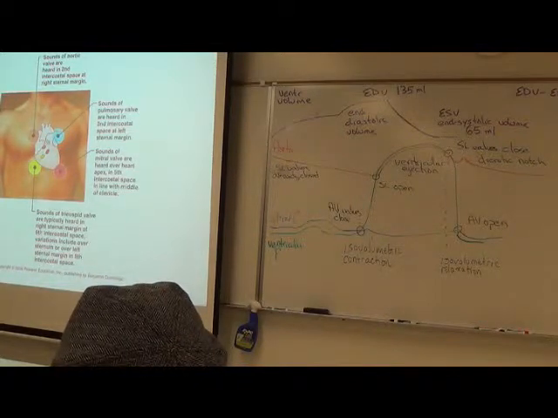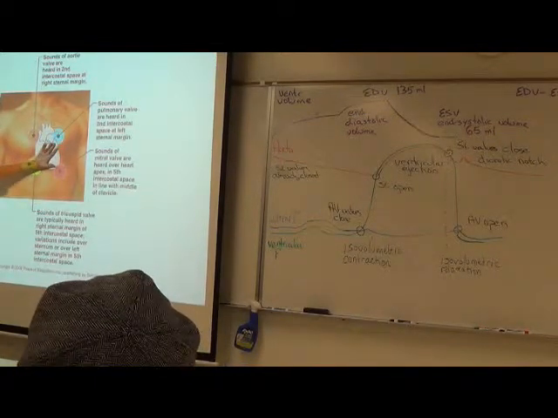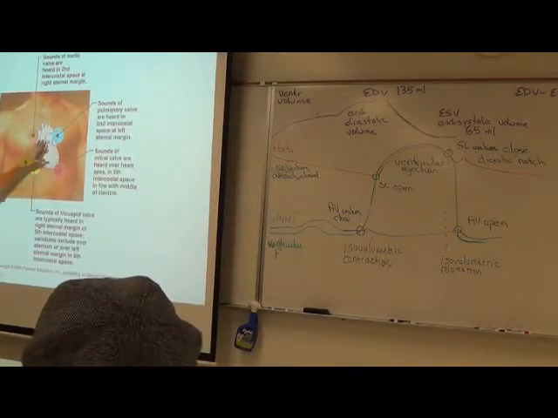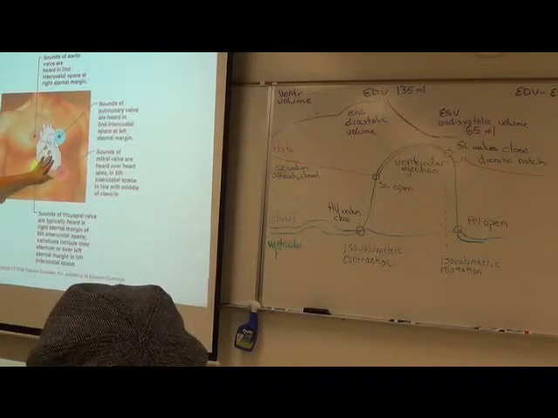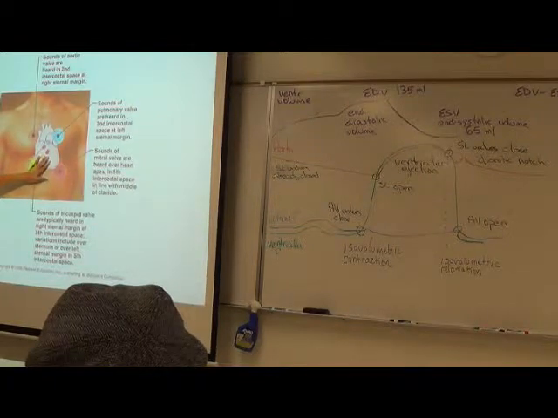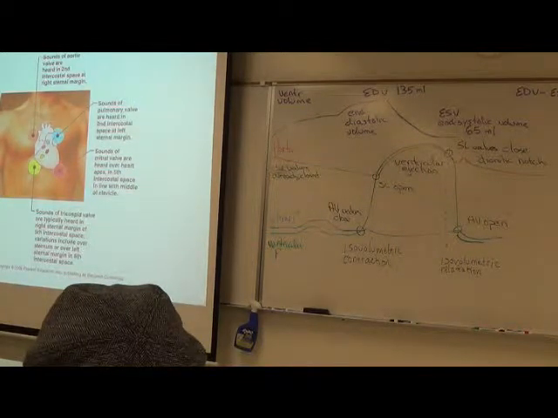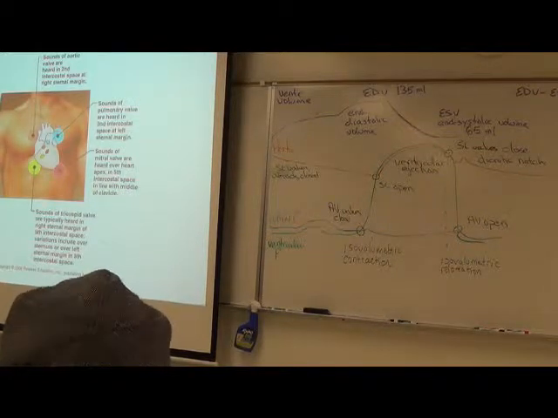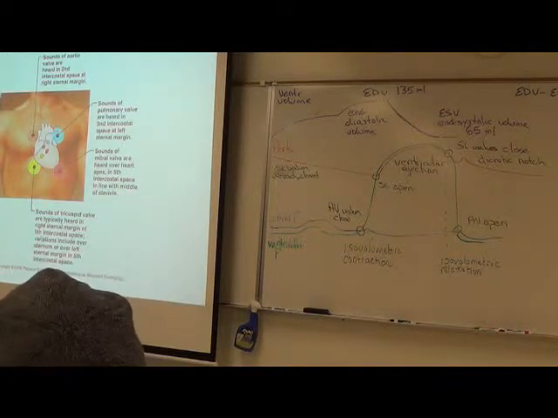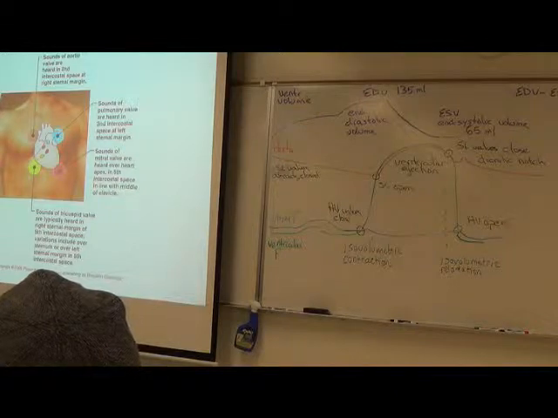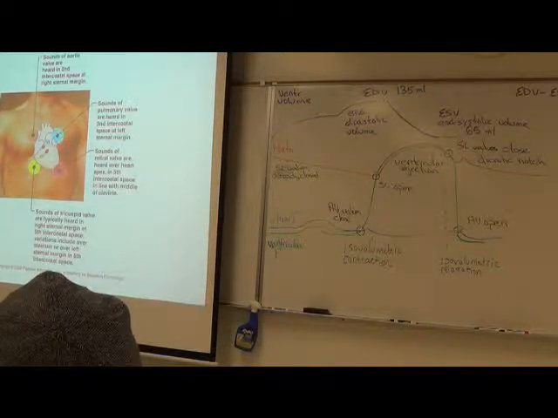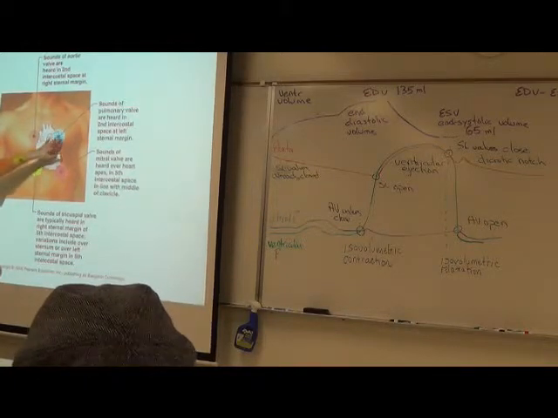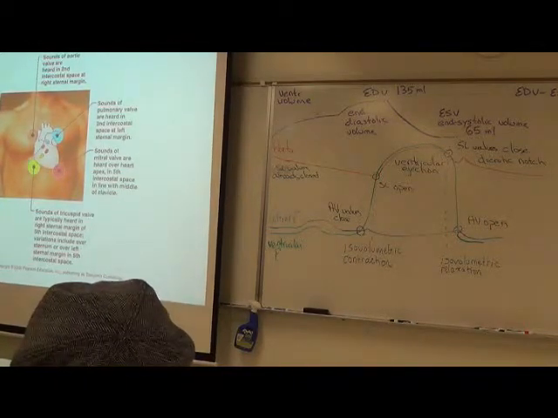They're best heard not right over the heart, but between the ribs on either side of the sternum, because many of these valves are right underneath the sternum, which is going to muffle some of that sound, all right? So the best sounds for the aortic and pulmonary valve are heard in the space between the second and third intercostal ribs. Aortic on the right side and pulmonary on the left.